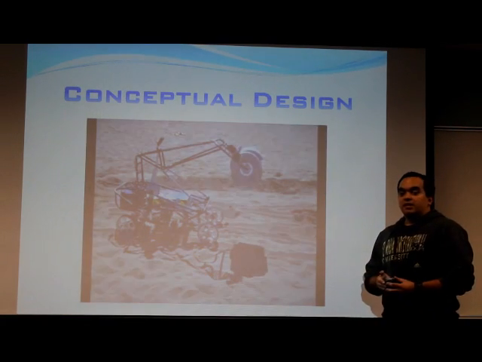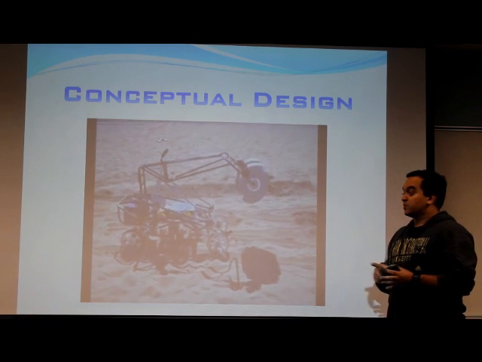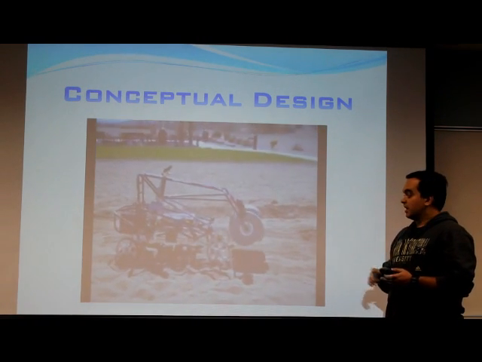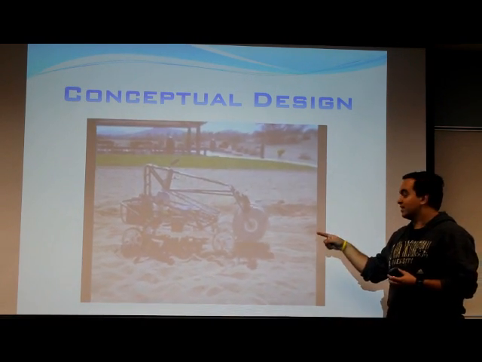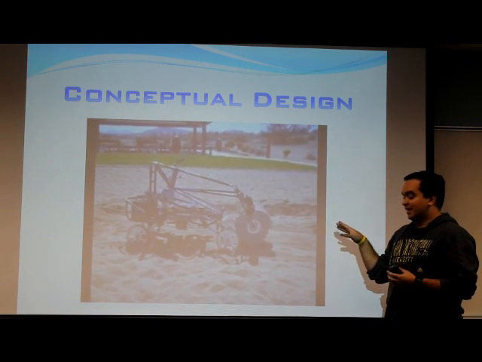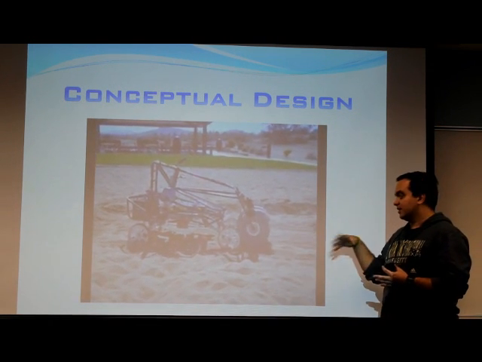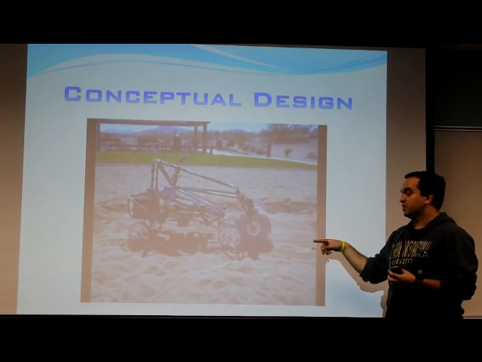Our conceptual design was taken from the champion of the Lunabotics competition. As you can see here, the end effector is rotating. As it is rotating, it is collecting all the material, or all the sample.